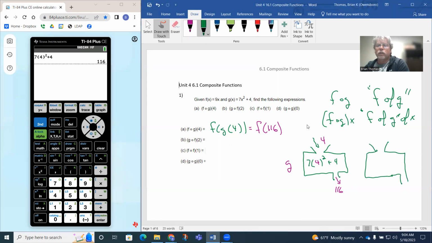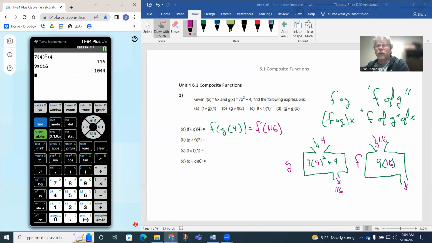So this function is actually going to be the f function, and in the f function, it just says 9 times whatever x is. So the 116 will drop in here. We perform the calculation, which is just multiplying by 9, and out comes the result. All we really got to do is 9 times 116.